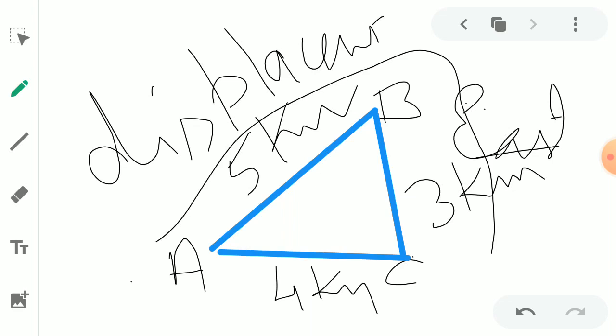Or we can define displacement as the shortest distance between the initial and the final position, along with the direction.